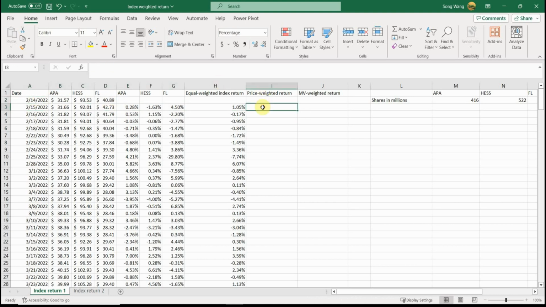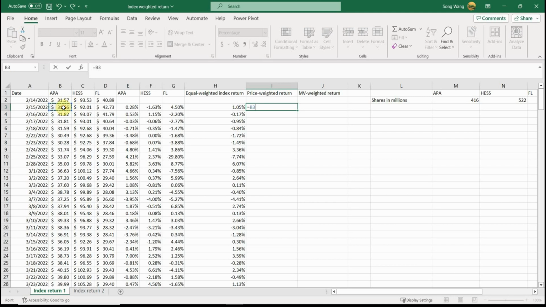So let me just do it in the fundamental way, or I call it the raw way, because this is pretty raw. We're going to do a lot of calculations here.